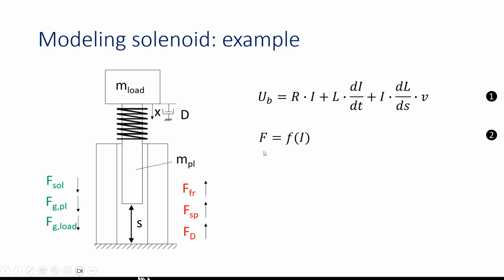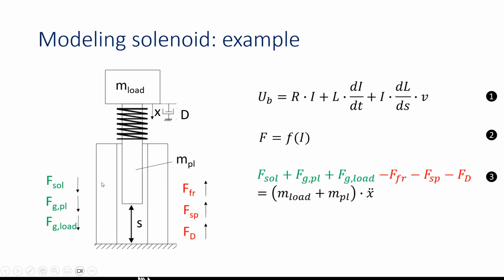And then we can define the equations of motion, which says that the solenoid force plus the gravity force on the plunger plus the load force on the plunger minus the forces in the opposite direction, the friction force, the spring force, and the damping force, equals, according to Newton's law, the sum of the load mass plus the plunger mass times the acceleration of both masses. And the acceleration is, of course, the double derivative of the position.